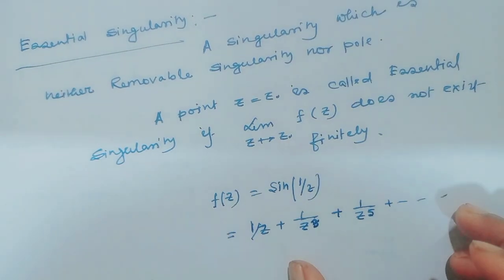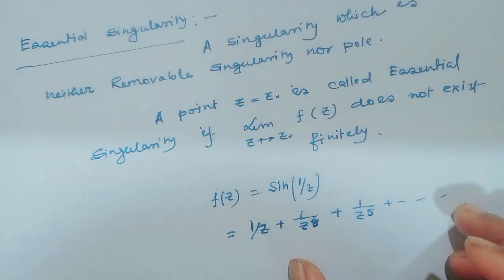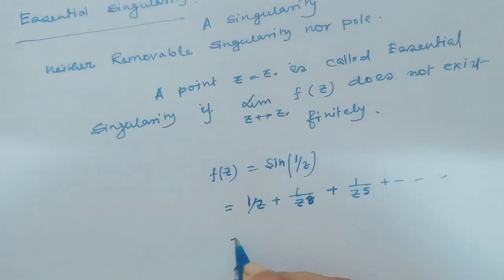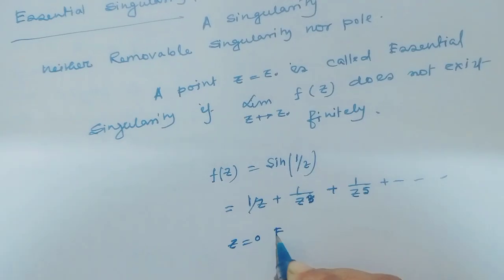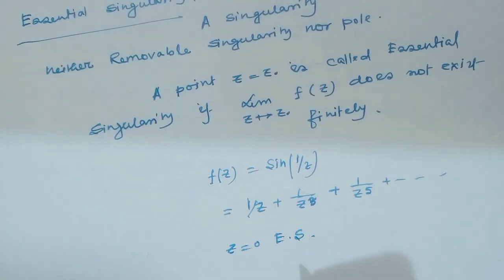This principal part exists infinitely, so this is neither a pole nor a removable singularity. So z equal to 0 is an essential singularity here.